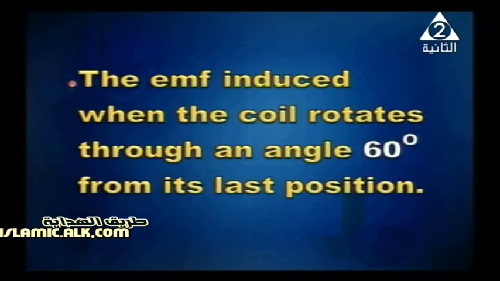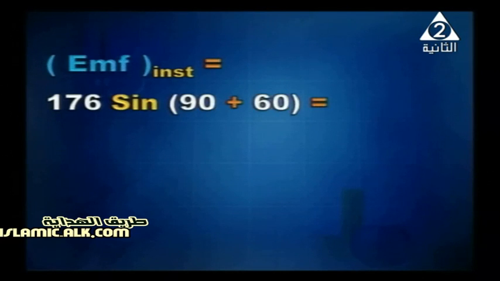Starting from horizontal position, we have to use cosine 60, or if you want to use sine, it will be sine 90 plus 60 or sine 150. So instantaneous EMF is equal to maximum, which is 176 sine 90 plus 60. It will be 88 volt, and you could have used cosine.